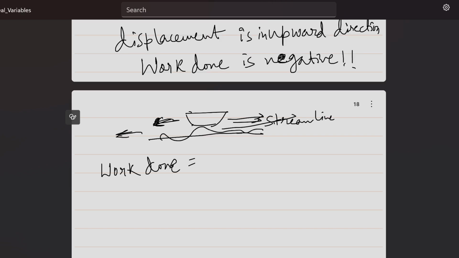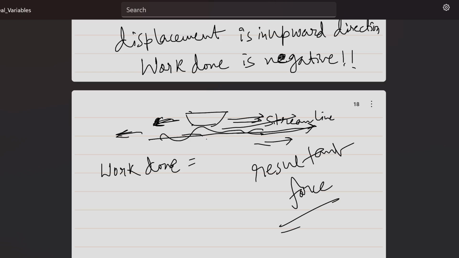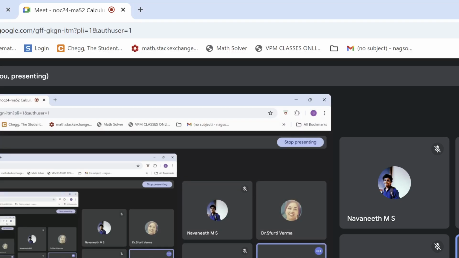Suppose this streamline has more force and you are giving less, so the resultant is this side. Actually, it is a physics thing. Many years back I studied, but I hope the resultant force will work here. And if that resultant force is in the different direction of displacement, then the work done is negative. You are correct, but you have to define this resultant.